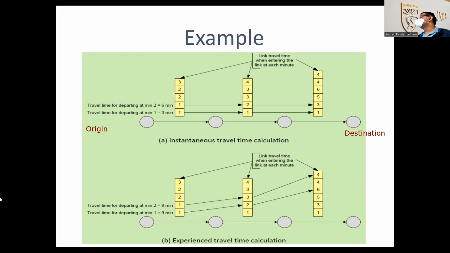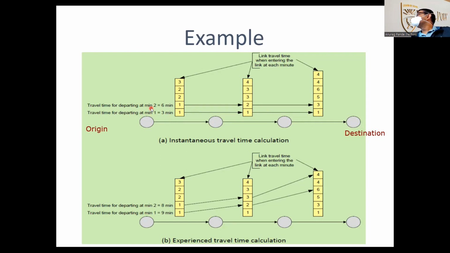All I'm telling you is, if your departure time from the origin is t equal to 1 minute, it will take you 1 minute to get through this link, 1 minute through this one, and 1 minute through this one. So the bottom of these boxes represents the travel time for departing at minute 1. These are what we call the instantaneous travel times at t equal to 1.